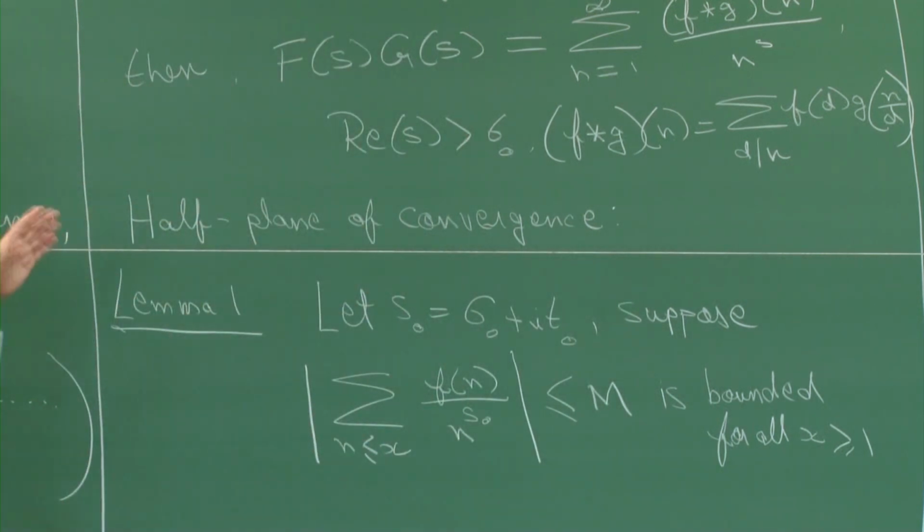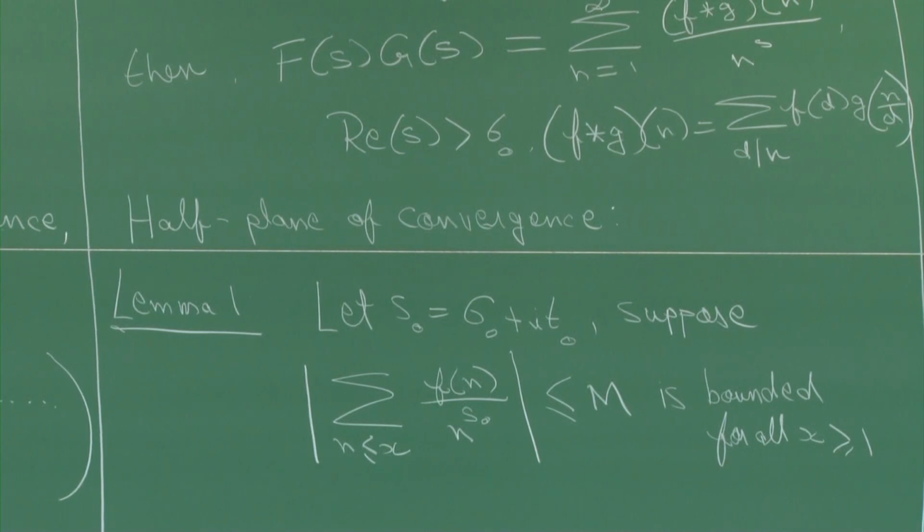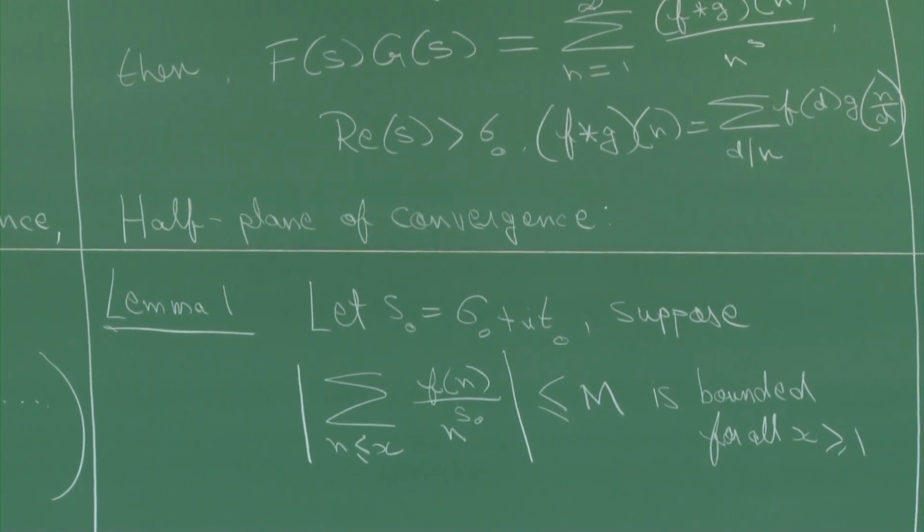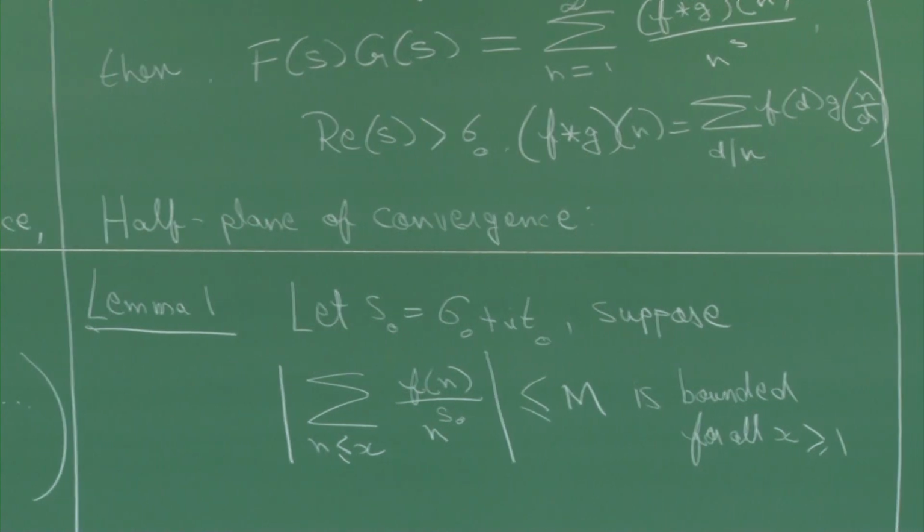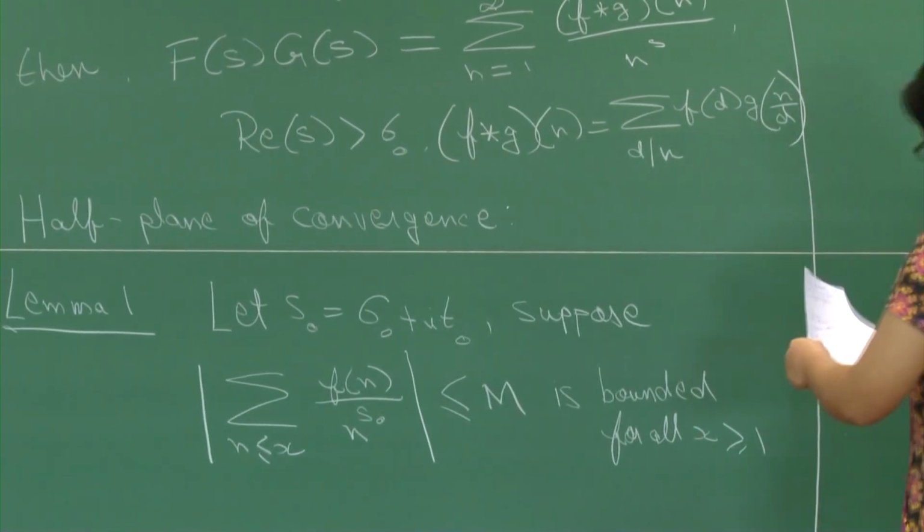Okay. If this happens, then to the right of sigma sub 0, the series will behave very nicely. So, here is the estimate.